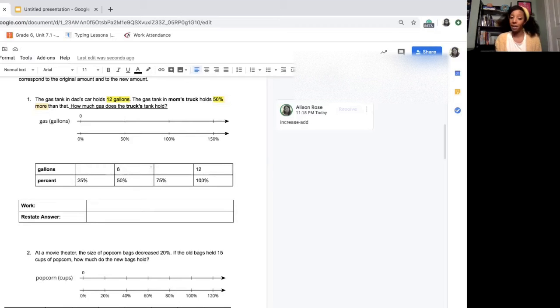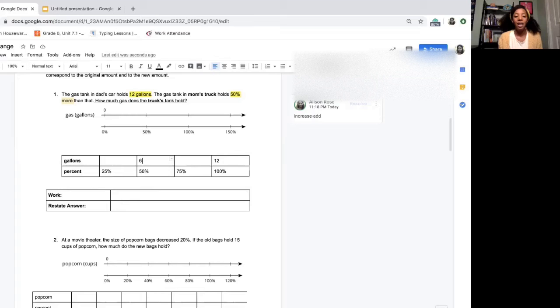I could complete my table if I'd like, or I could use what I have now to solve. However, because I'm Miss Rose and I love solving problems and explaining different ways to figure things out, we're going to complete the whole table. So if I have 25%, what do you think we're counting by here?